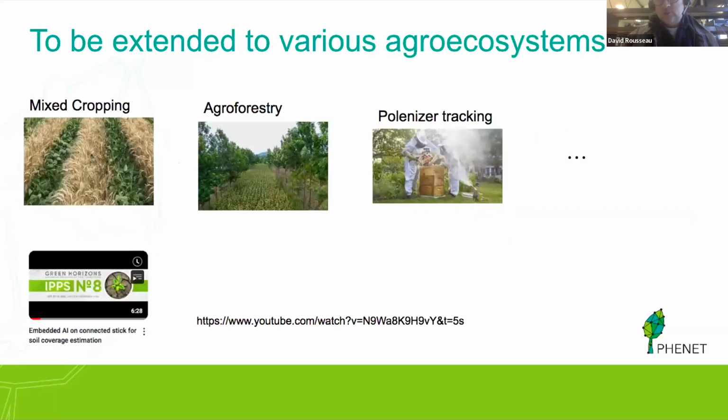This is to be extended to various agroecosystems for mixed cropping, pollinizer tracking, and so on. And if you want more detail on this embedded AI on connected stick, we recently presented an extended version at the IPPS, International Plant Phenotyping Symposium, and the video is available online.